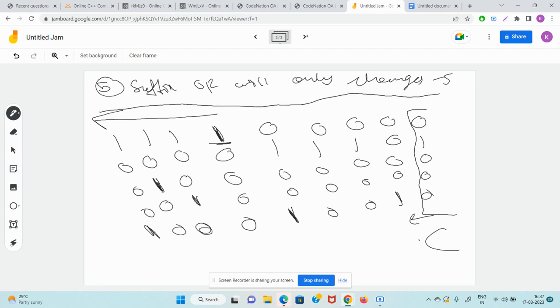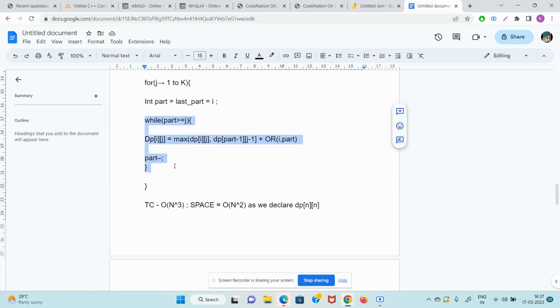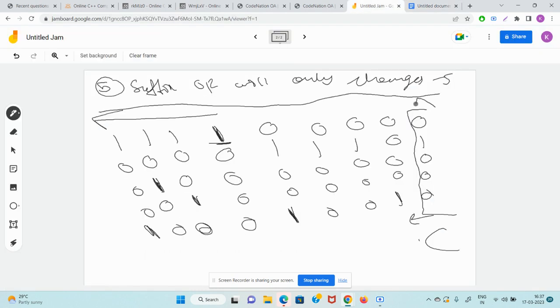You remember, in the last for loop, you're calculating bitwise OR from the index i. First you're calculating for this much part, then for this much part, then for this much part. Whenever the bitwise OR changes, I will write C. If it doesn't change, I will write NC.